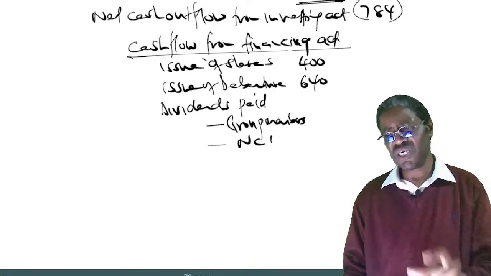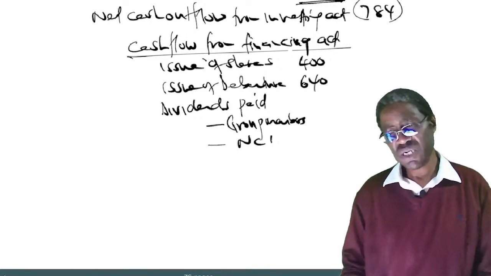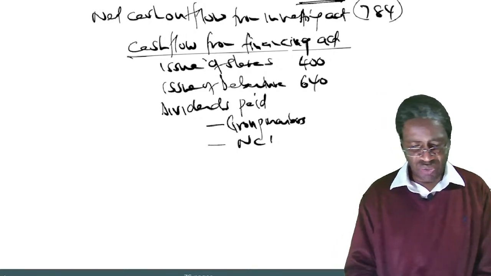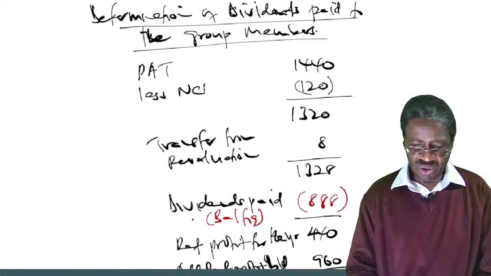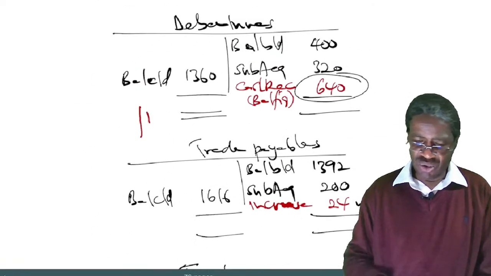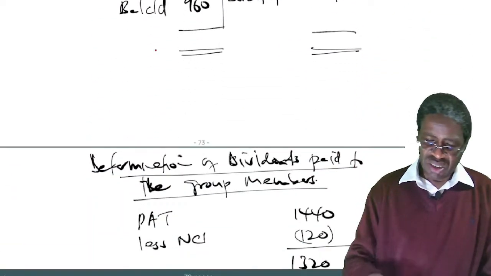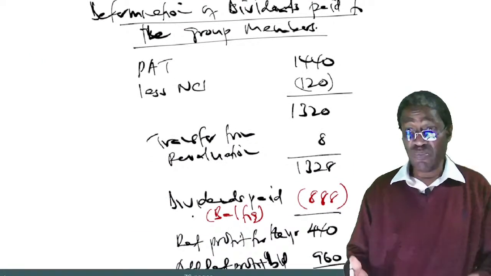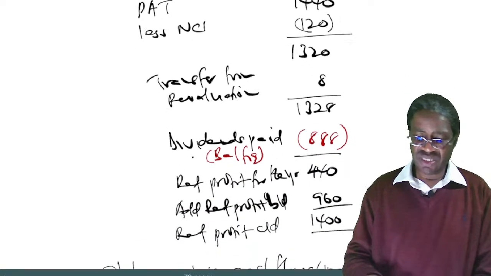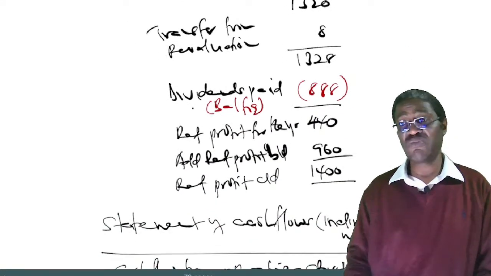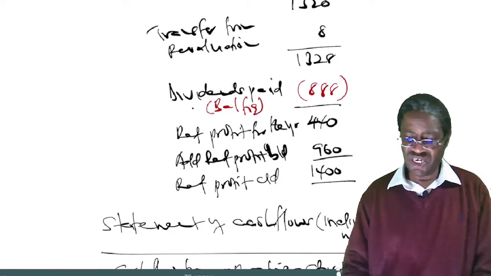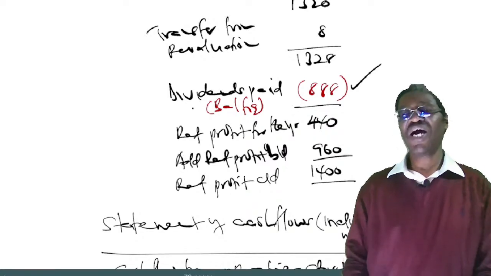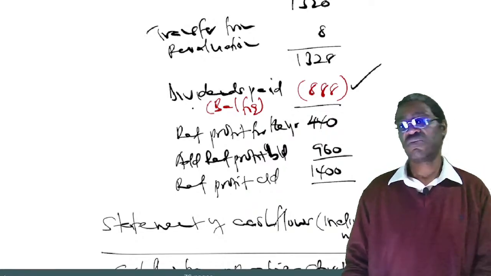Both of these figures, we calculated them last time. So let's go to where we did the calculations. Good. I can even see one here. Dividends paid to group members. I can see we had to work backwards. Here it is. We got an amount of the dividends paid to group members as 888 million.